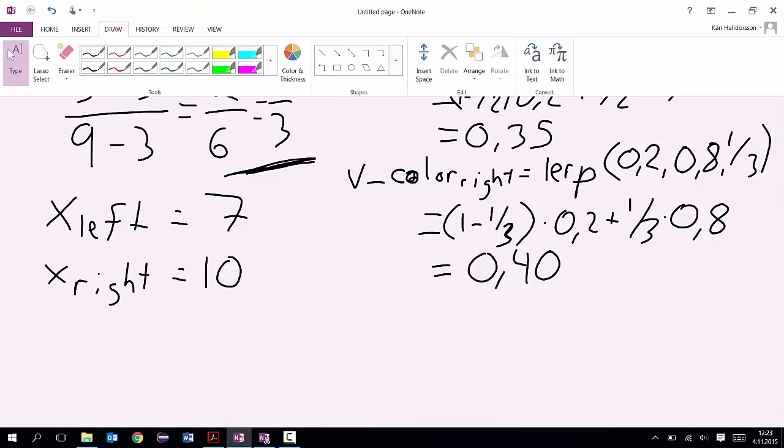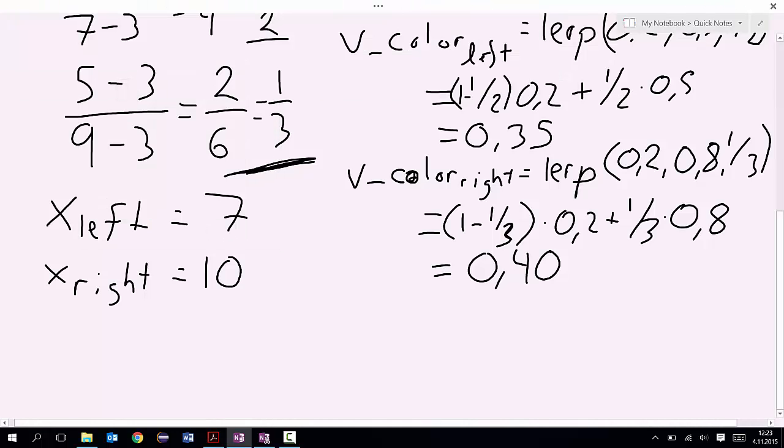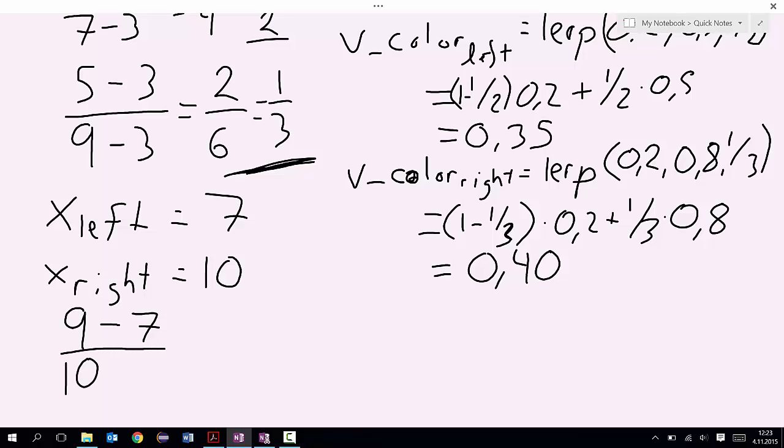calculation here and say we have this parameter here, which is going to be 9, which is our current x, which we're calculating for, minus x left, which is 7, divided by x right minus x left.